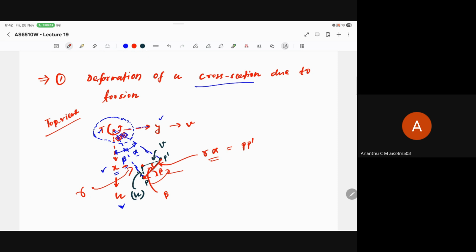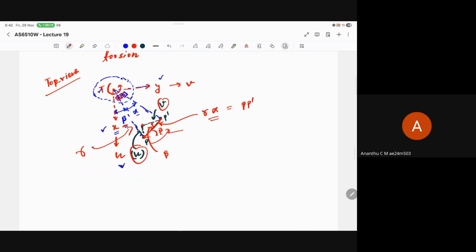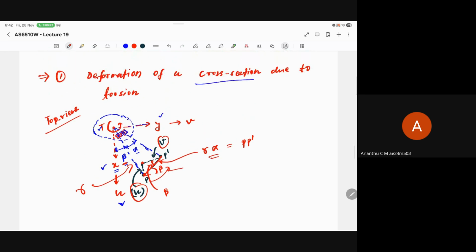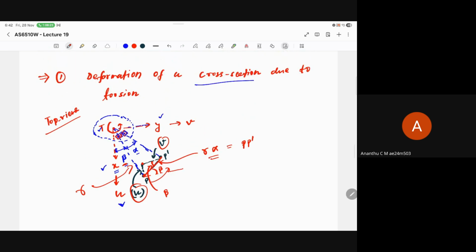In terms of this r alpha, we can get v and we can get u. This is the cross section considered at some z location.